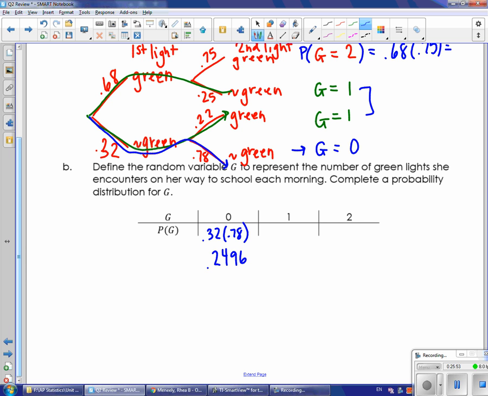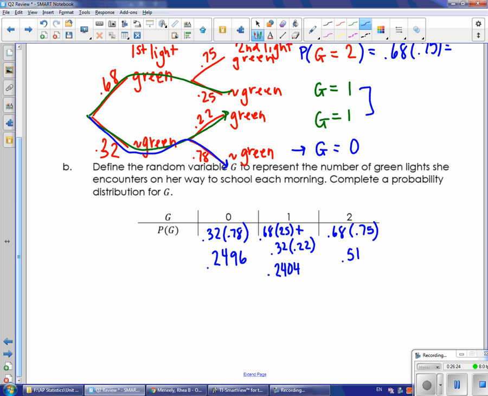So it's going to be 0.68 times 0.25 plus 0.32 times 0.22. And that should give you a probability of 0.2404. In the last one, the probability that it's going to be 2 green lights is just going to be 0.68 times 0.75, and that is going to happen 51% of the time.